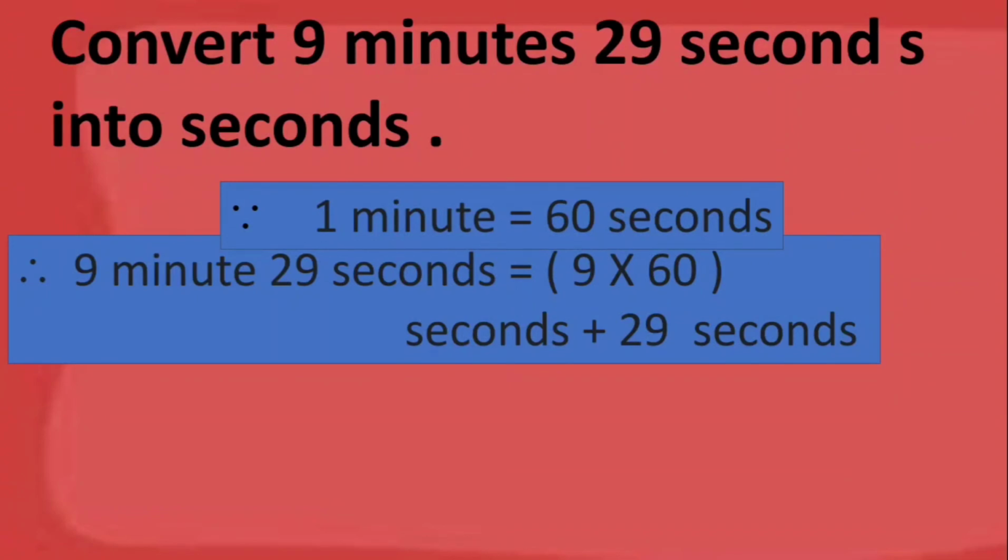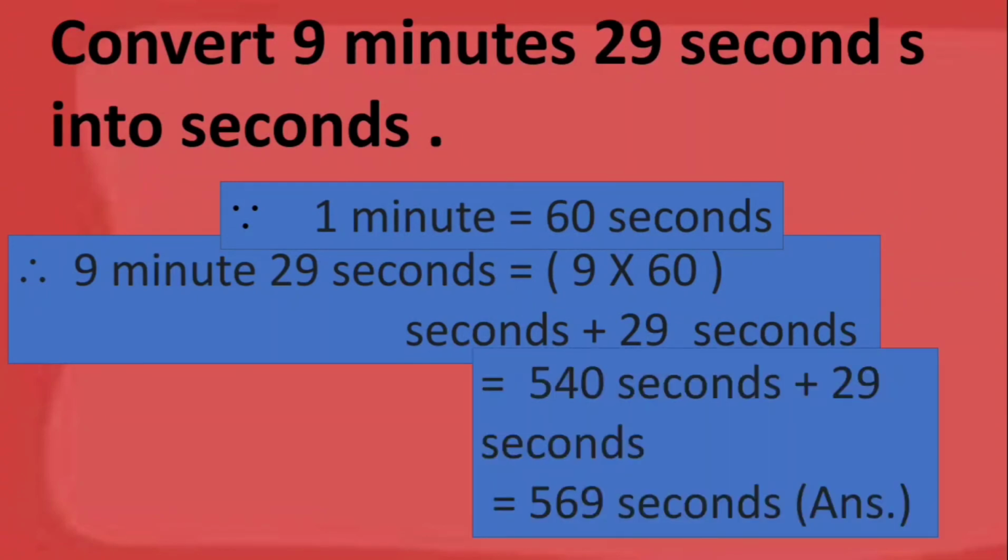When we multiply 9 and 60, it is 540 seconds, and then we will add 29 seconds to 540 seconds, that will be 569 seconds. This is how we converted 9 minutes 29 seconds into seconds. It is 569 seconds.